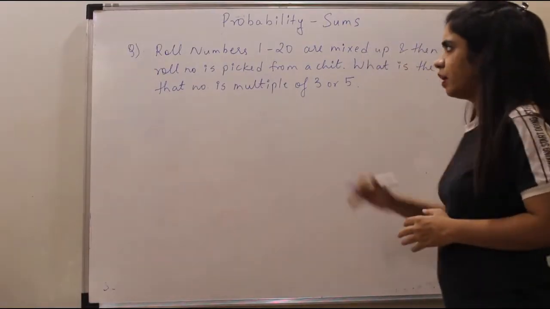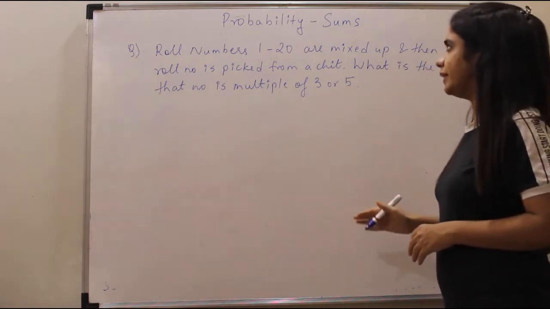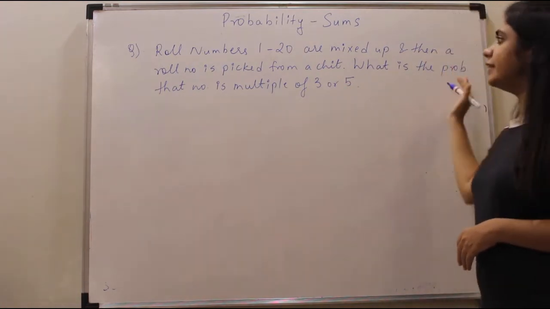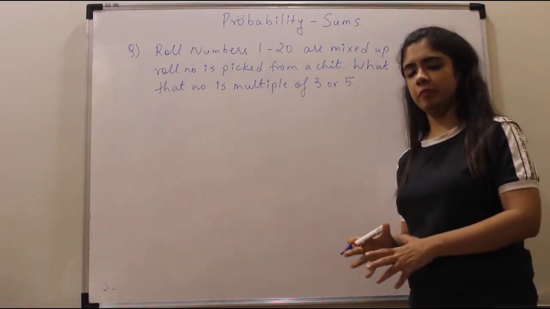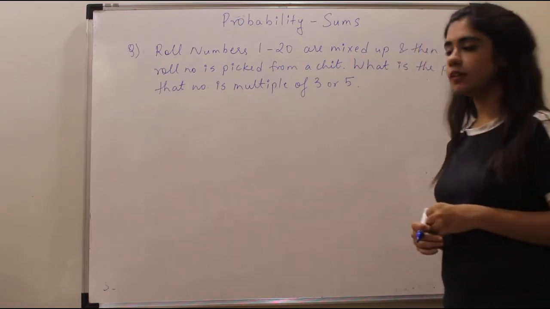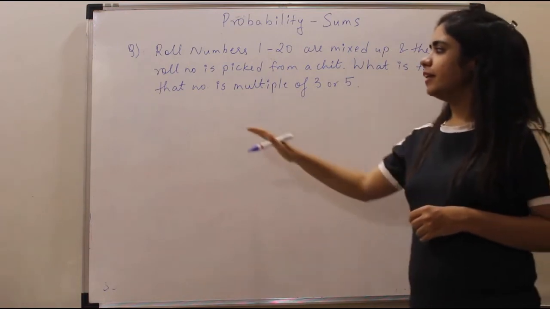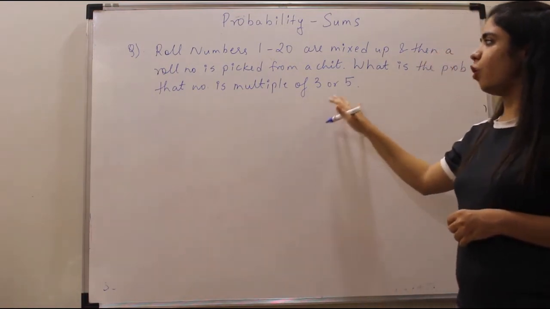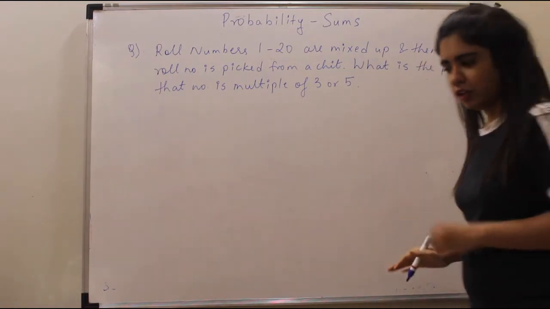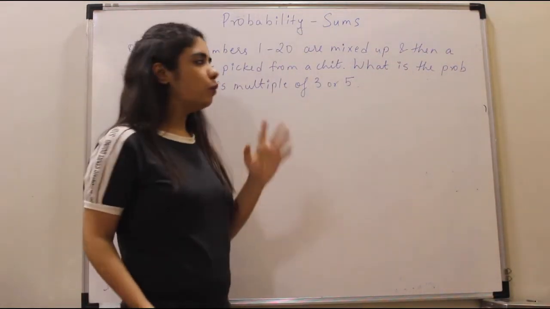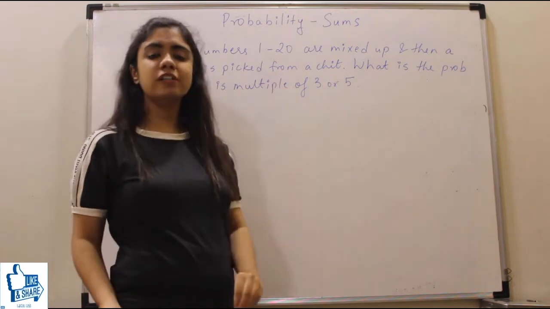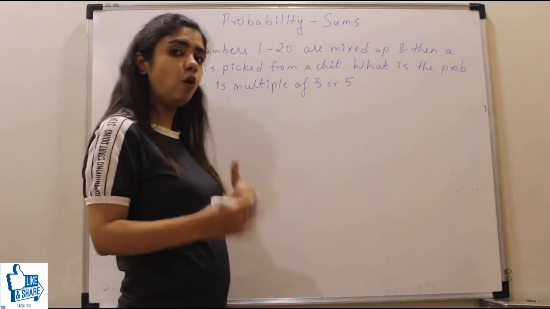What does it say? Roll numbers 1 to 20 are mixed up and then a roll number is picked from a chit. So you have 1 to 20 roll numbers and one roll number is picked from a chit. What is the probability that the number is a multiple of 3 or 5? So you want the number to be divisible by 3 or 5. Now 1 to 20, first we'll write down all the numbers divisible by 3 or 5.